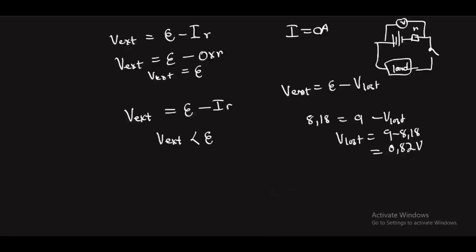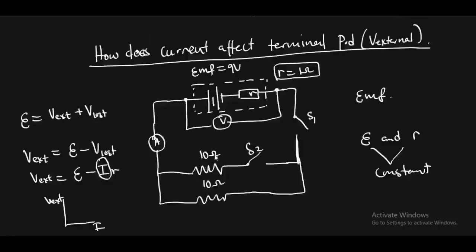In the circuit that I have drawn, I have two resistors. When switch 1 and switch 2 are closed, these two resistors will be connected in parallel. I'm sorry about that, in parallel connection, not parallel series.